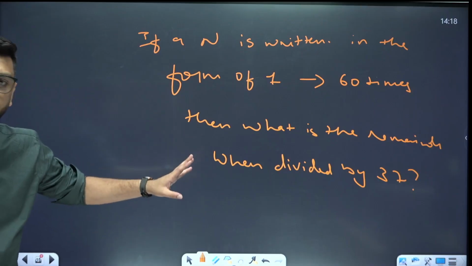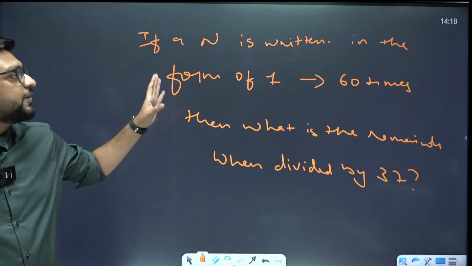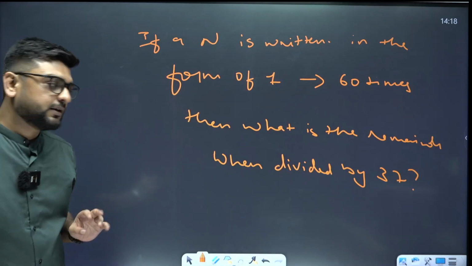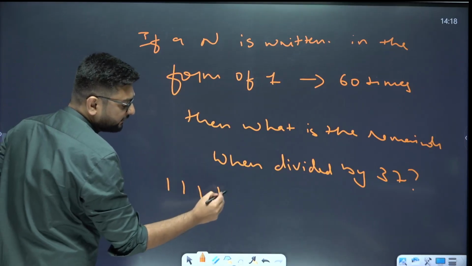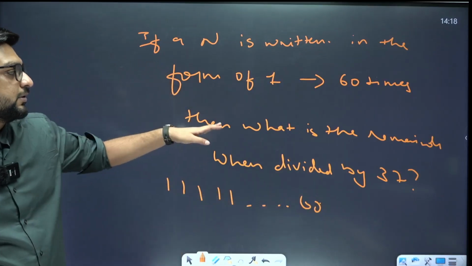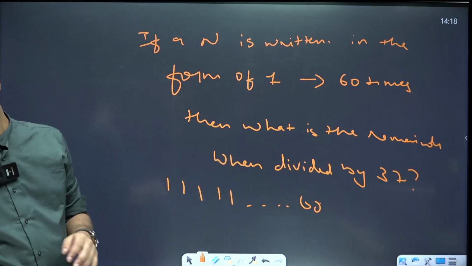Did you get my question? If n is written in the form of 1, 60 times, so it is divided by 37. What will be the remainder? This is our question.